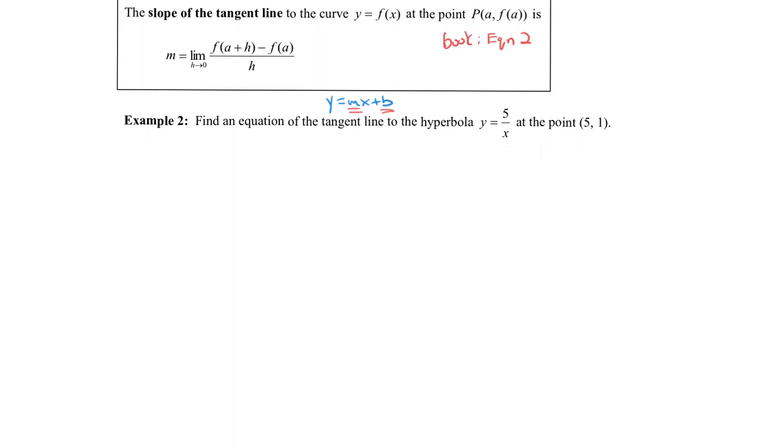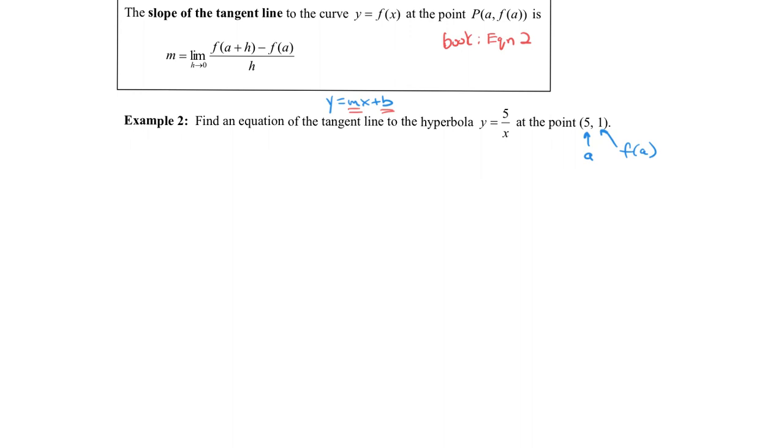So we need to find f of a plus h minus f of a. And again, a is going to be this 5. That's our a, right? And then this 1 is our f of a. Because if you plug in a, which is 5, into our function here, y equals 5 over 5, you get y equals 1. So we've got a, f of a.